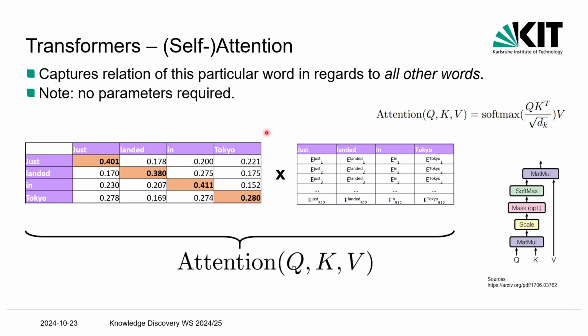Well, the idea is that we want to capture the specific relation that we had before in regards to all other words, and this serves as a sort of weight that we will be introducing into our initial matrix. So we have certain parts that will be pushed up and pushed down.